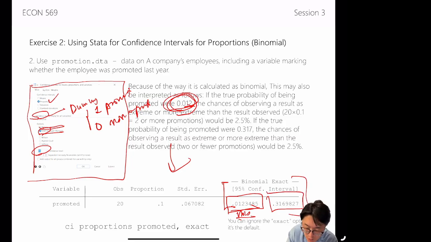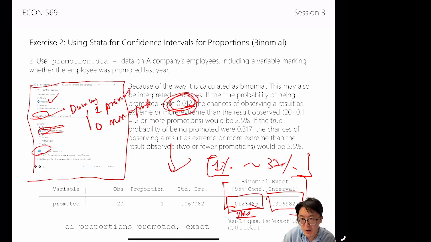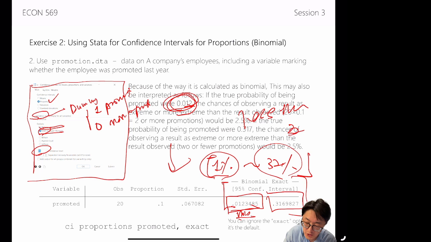So which means between about 1% to 32%. Which means if you are doing the same test 95 times, still the chance of being promoted is less than 32%. So it's not 0, but definitely it is low.